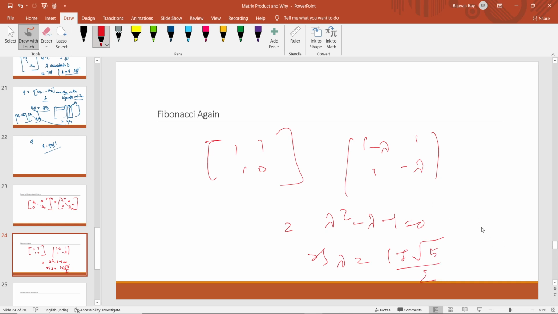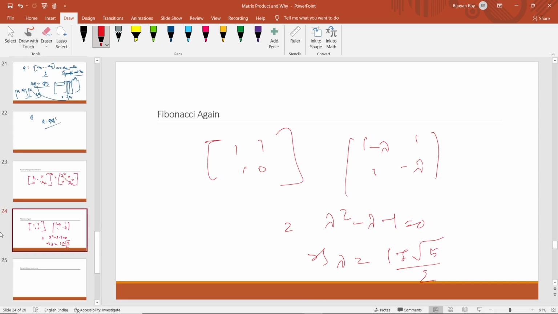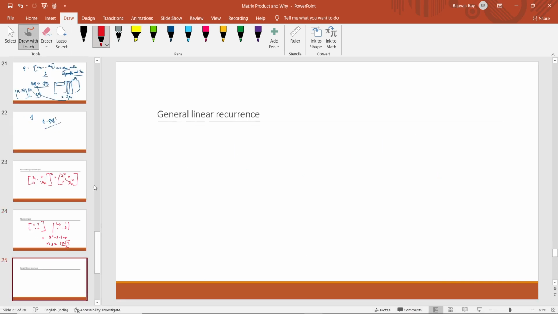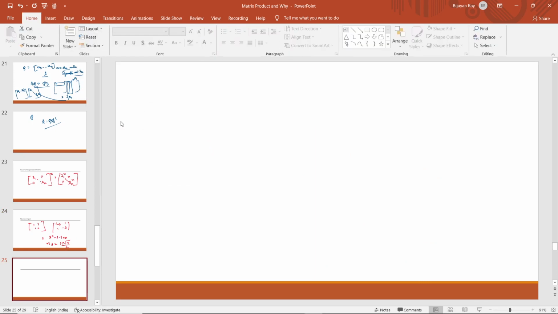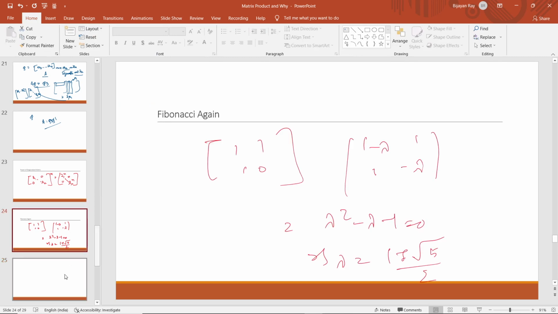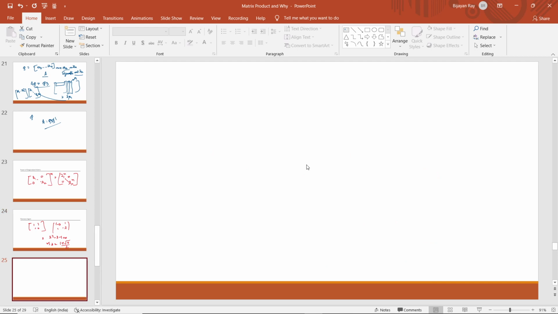Yes. So basically, okay, we got the diagonal matrix we wanted.